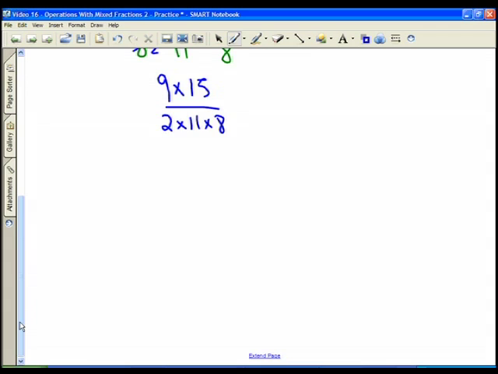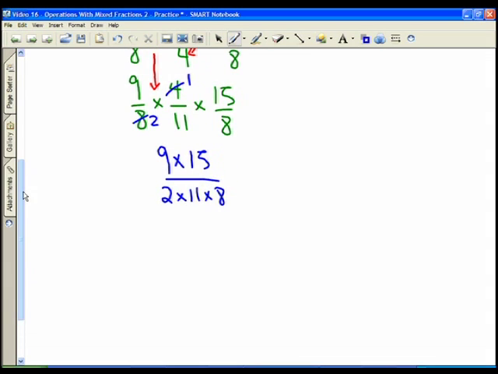And this gives us 9 times 15 is 135. And 2 times 11 is 22, so I'm going to have 22 times 8.